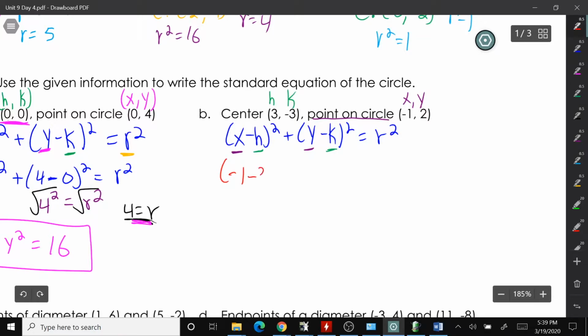-1 minus 3 squared, because x is -1, h is 3, and we have a subtraction sign there, plus y is 2, minus -3 squared equals r squared.